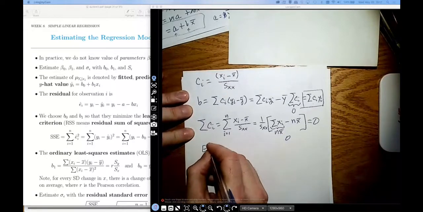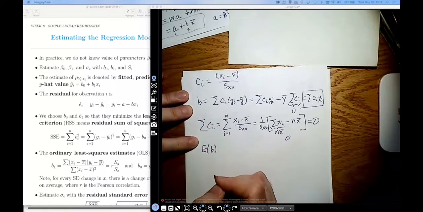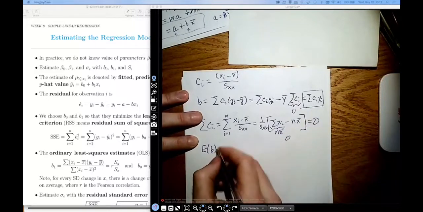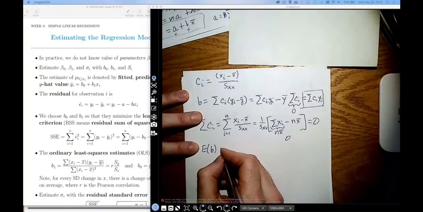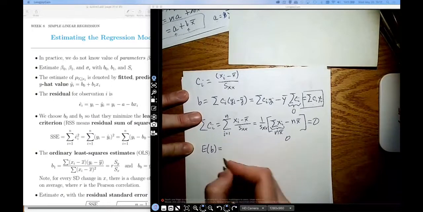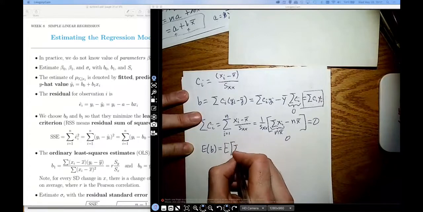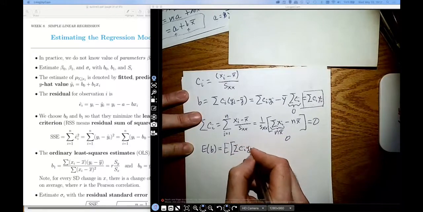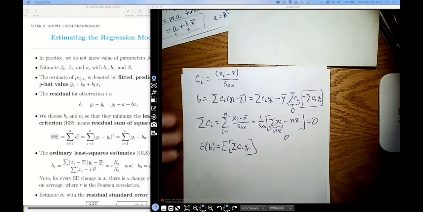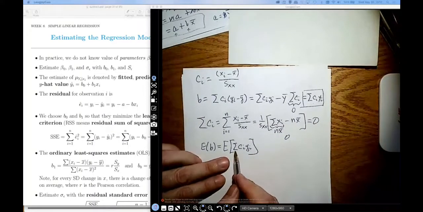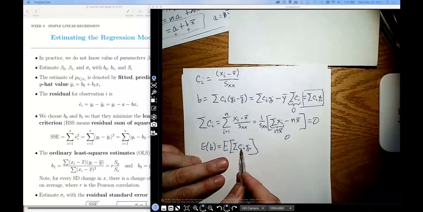What is the expected value of B? Well, let's use this last representation that I had. So the expected value of B is equal to the expected value of the sum of Ci Yi. Remember, I can pull the sum out and the constants out.